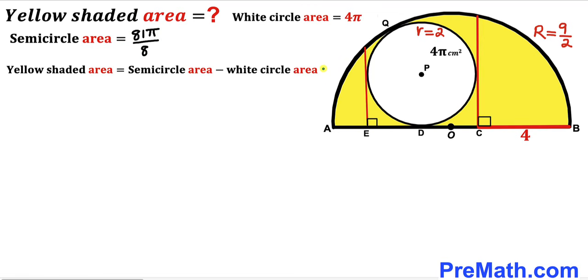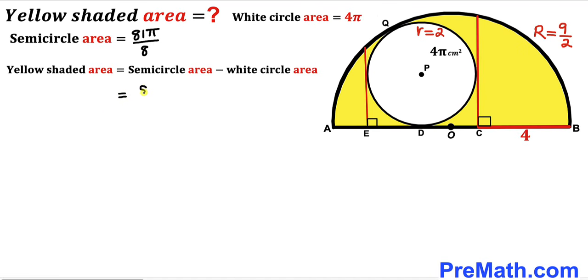And here's our final step, and let's recall this equation once again. We are going to calculate the area of this yellow shaded region. We already figured out this semicircle area over here. And our white circle area is 4 pi. So let's go ahead and fill in the blanks in this equation.